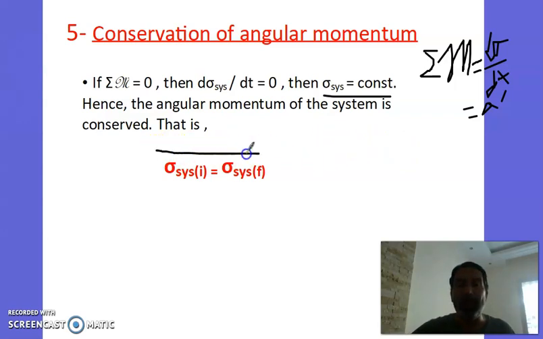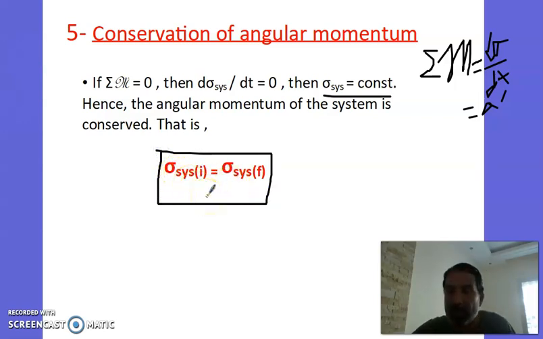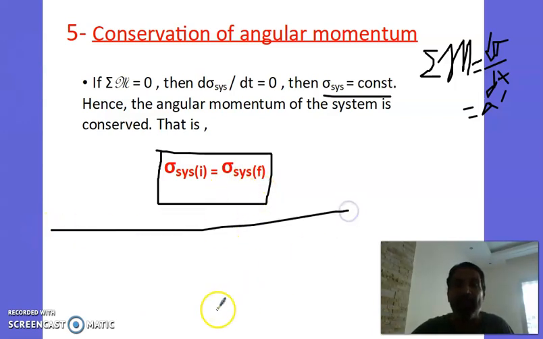So the initial angular momentum is equal to the final angular momentum, or the angular momentum of the system at an instant t1 is equal to that at another instant t2. This is everything about conservation of angular momentum. Let's do an application on this.